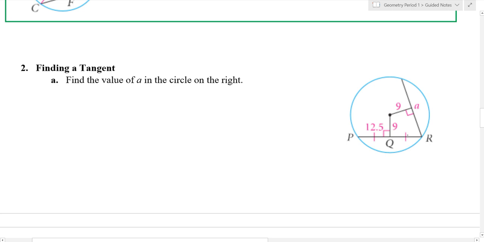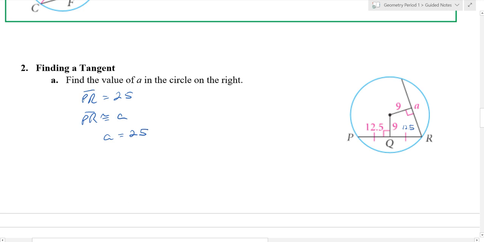It tells you right there in the diagram. So this guy here is 12.5. So 12.5 times 2 gives me that PR equals 25. And we know that PR is congruent to A. Therefore, that means that A equals 25.